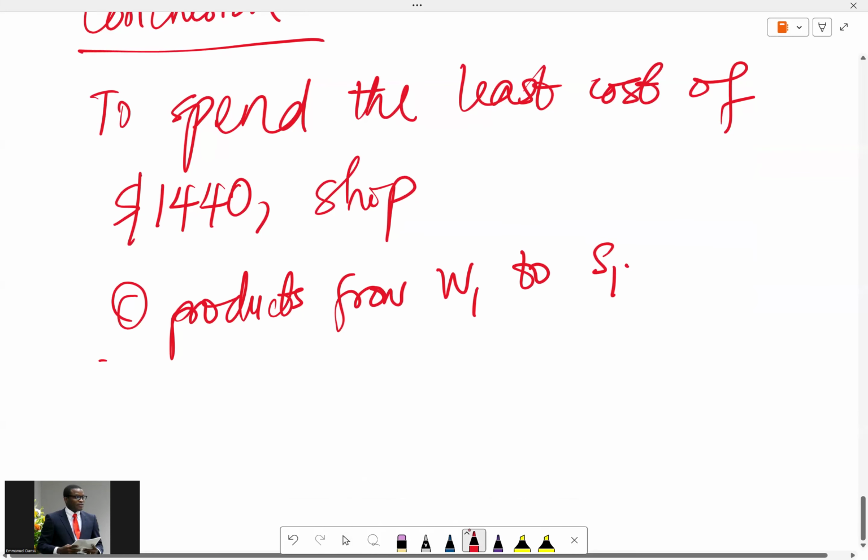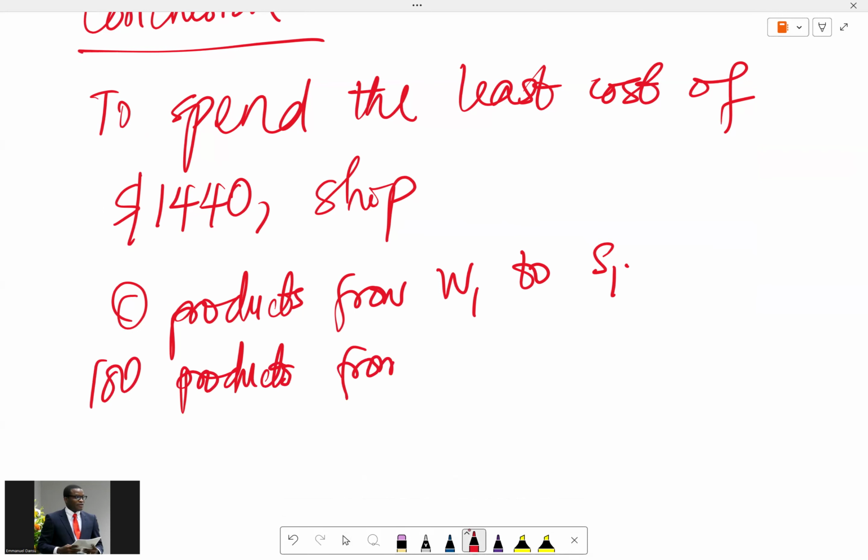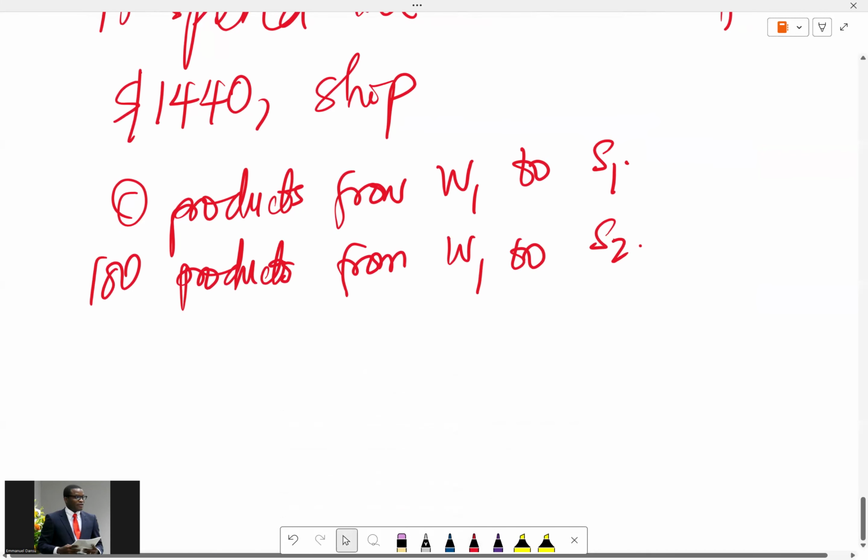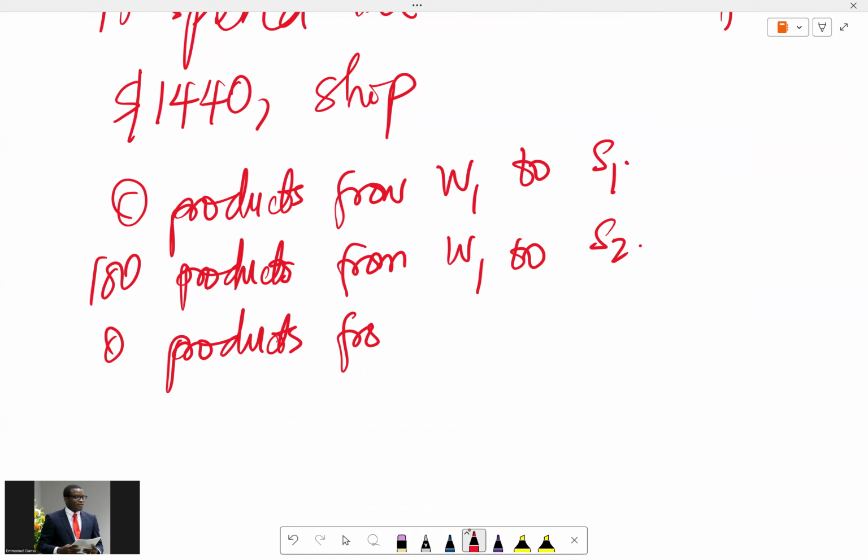Okay. Ship 100 products from warehouse one to store two. Then ship zero products again from warehouse one to store three. Okay.